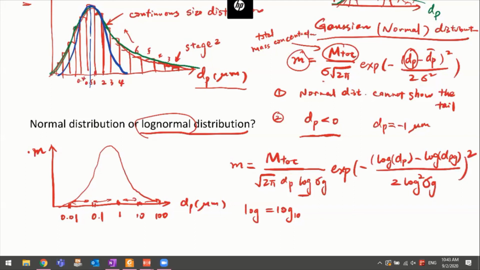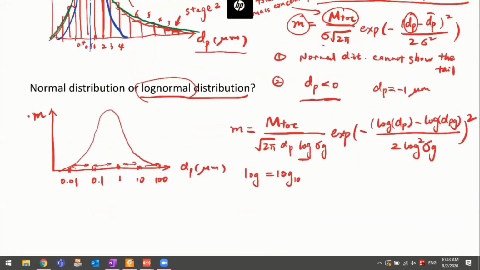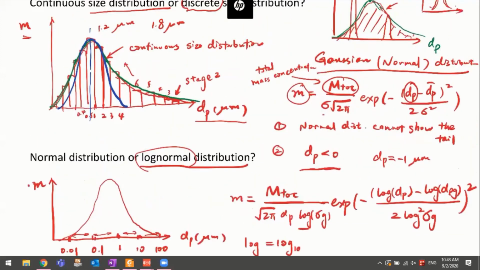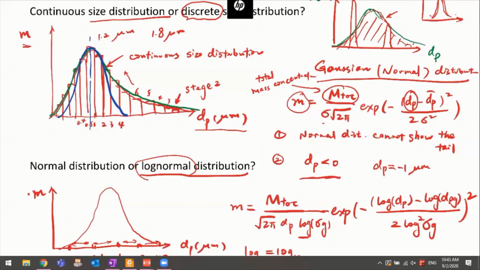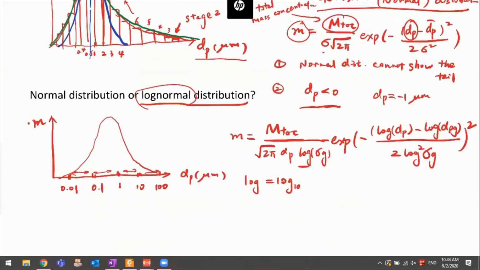Okay, so this is the revised equation that people use to model the ambient aerosol size distribution or ambient PM size distribution. A smart part of this equation is that we use this log to constrain the range of the dp, because we know that dp cannot be negative if we try to plug in this log term, right? So in this way, we naturally constrain that all the dp have to be larger than 0.